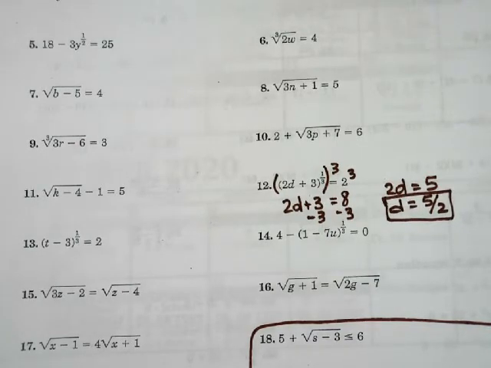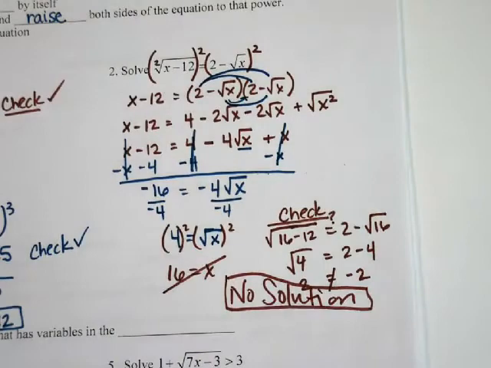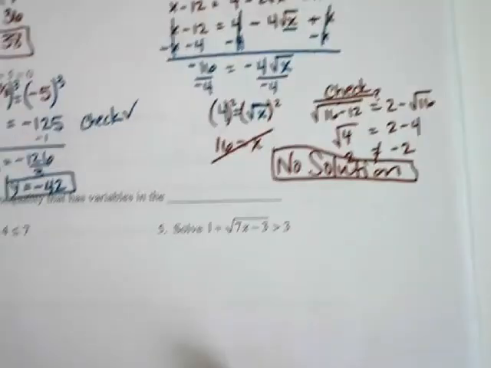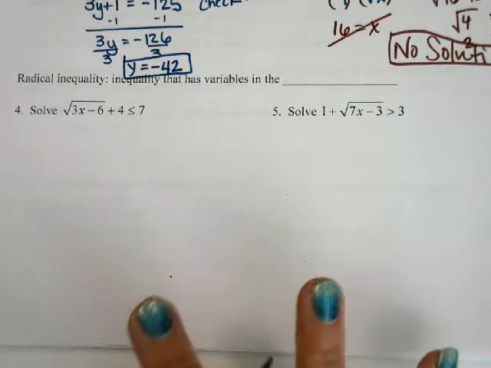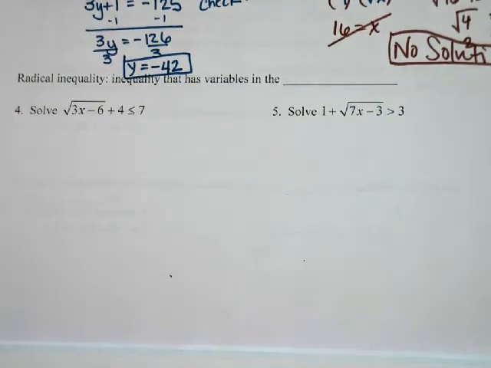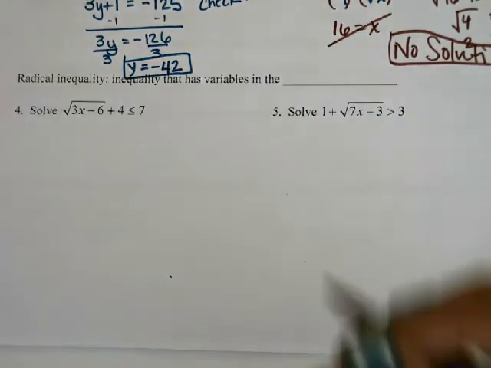Okay, let's go back to your notes and let's talk about inequalities. So a radical inequality is an inequality that has variables in the radicand.